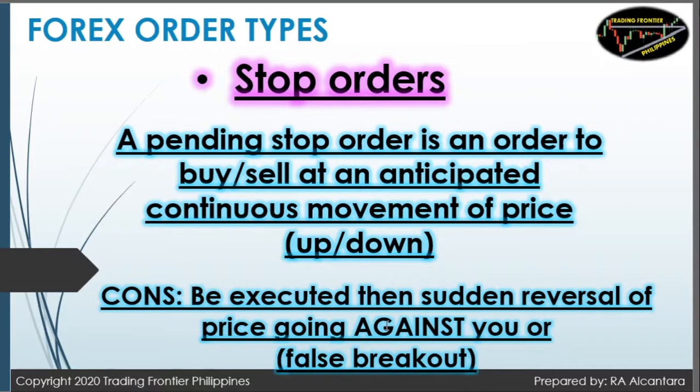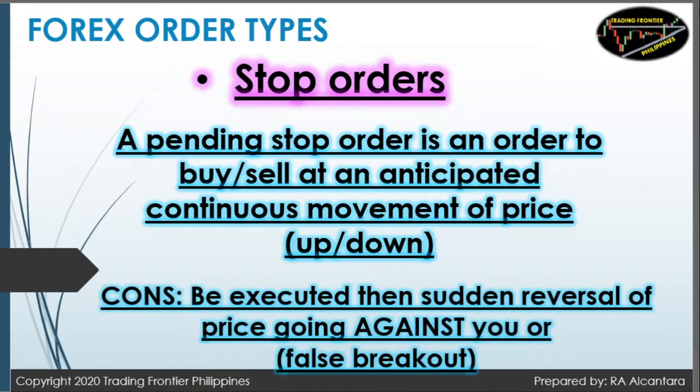So normally when people are using stop orders, they get caught up in false breakouts, wherein the price suddenly goes against their way or reverses. But this is just an order wherein you anticipate the price to continuously move in the direction of moving up or moving down, right?